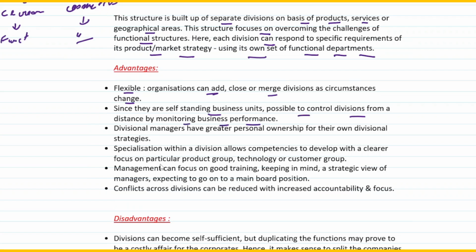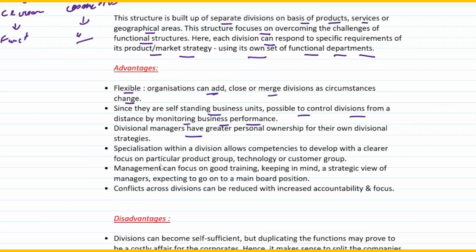Even if you're sitting in Delhi and you have to manage the business of, say, Gujarat and Maharashtra, you can easily do that in a multi-divisional structure. That's what this point talks about. Because the Gujarat unit is on its own and the Maharashtra unit is on its own, from Delhi it is easier for you to control the divisions from a distance, by monitoring their business performance.